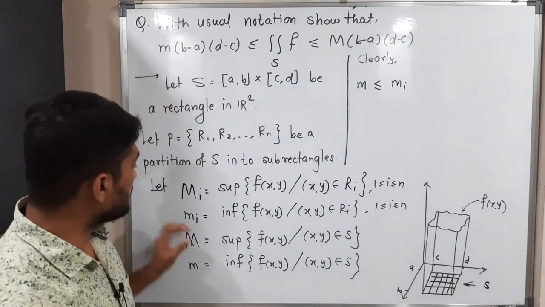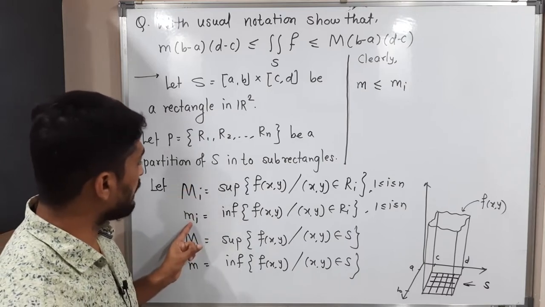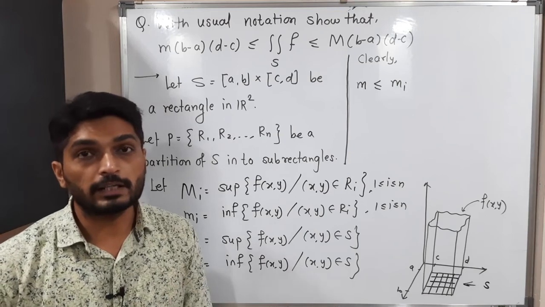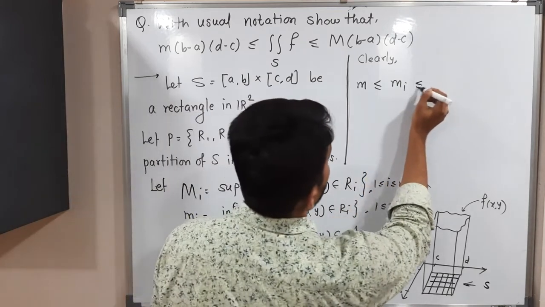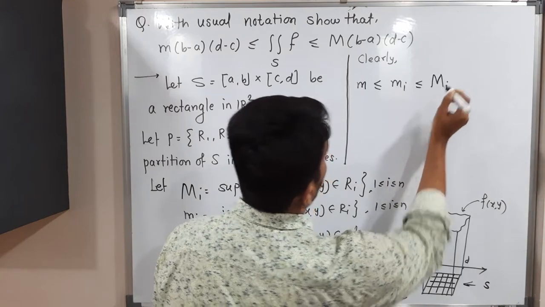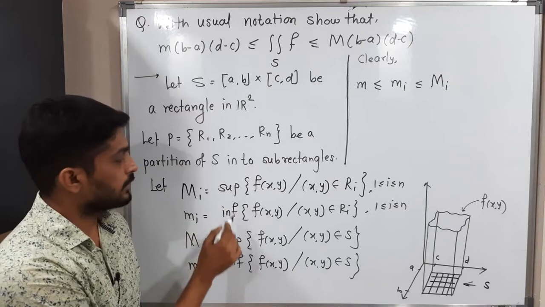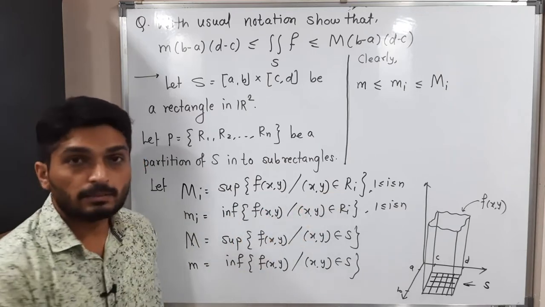See, these are two infimums and these are two supremums. Obviously small mi will be less than or equal to capital Mi and capital M. Since small mi is an infimum and capital Mi is a supremum, obviously the supremum is greater than or equal to the infimum, and we have the same subrectangle, getting?